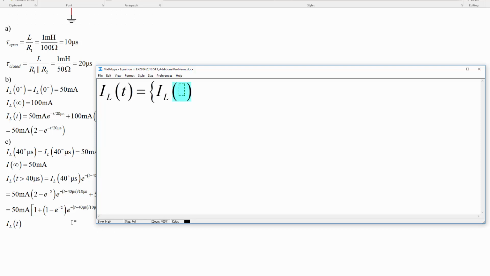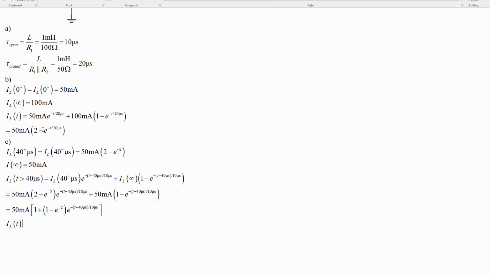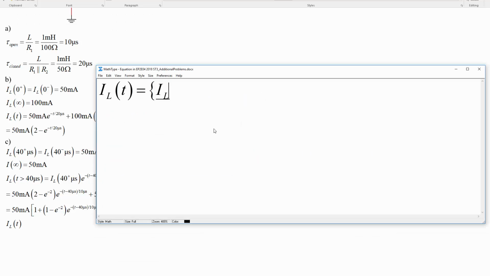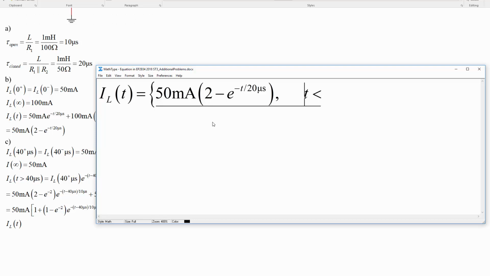IL at t that we found for the first part until t is greater than 40 microseconds. So we'll say 0 is less than t is less than 40 microseconds.